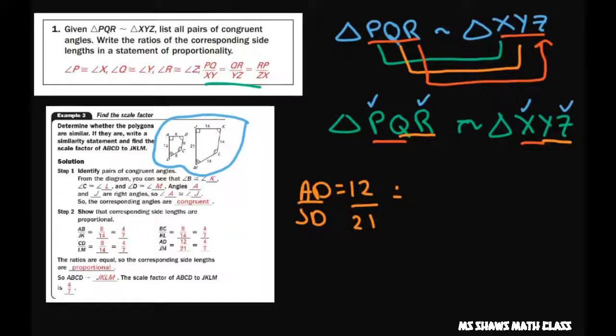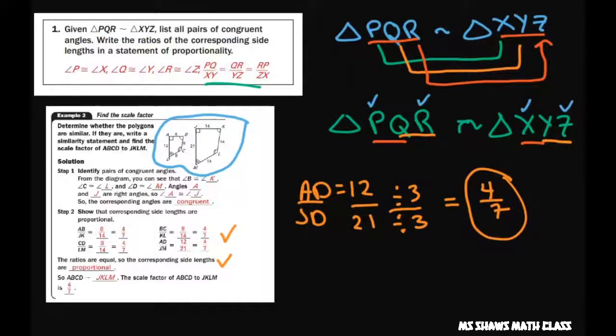If you divide both the numerator and the denominator by 3, we get 4 divided by 7. And then you can do all the side lengths, and you should always get 4 over 7, which is here. So the ratios are equal, so the corresponding side lengths are proportional. And this is your scale factor.